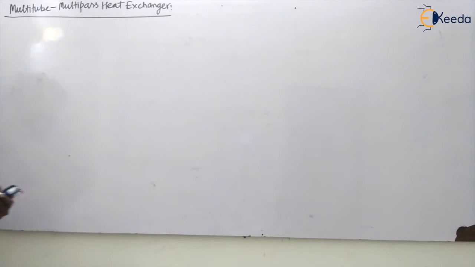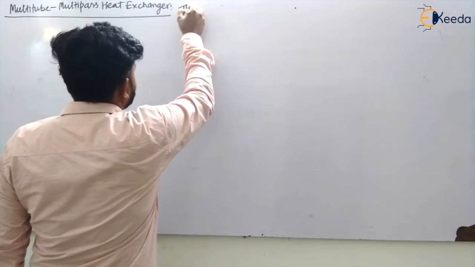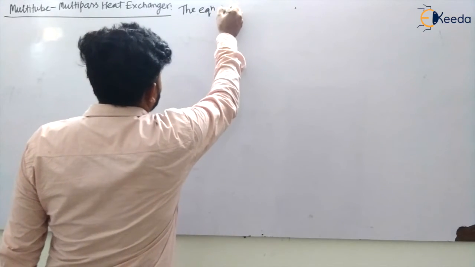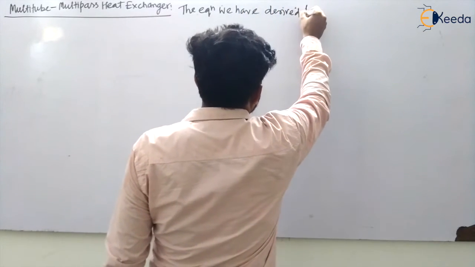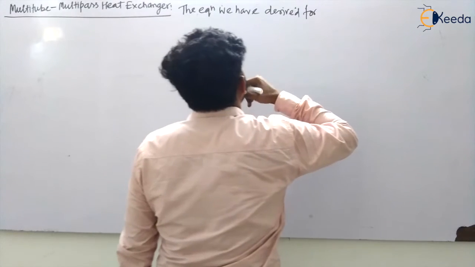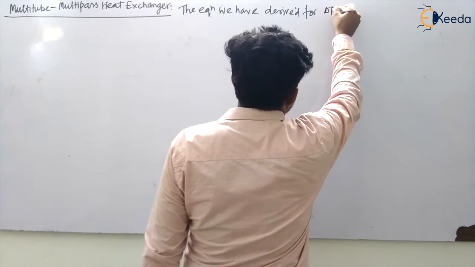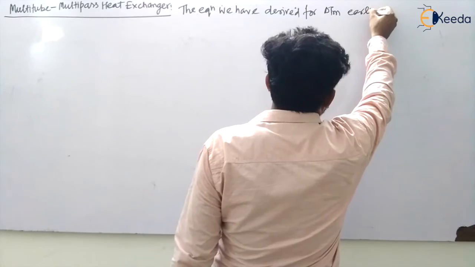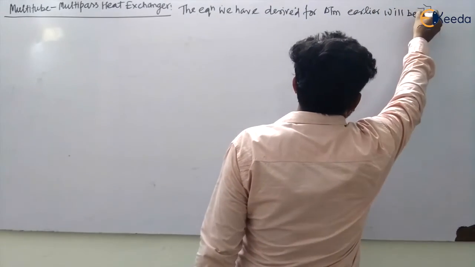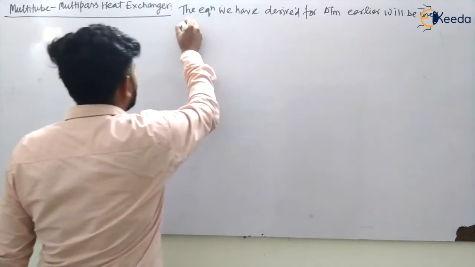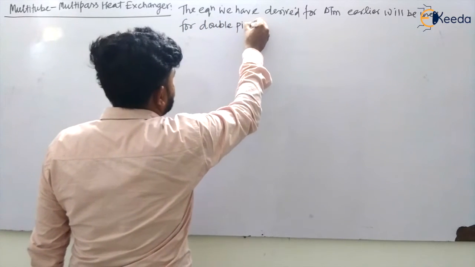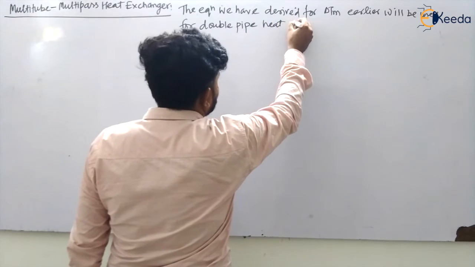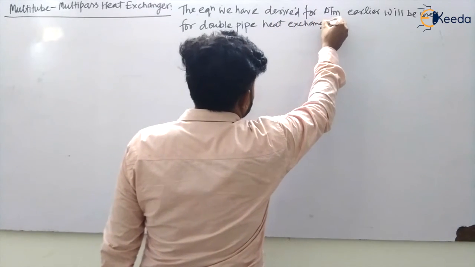So the equation which we have derived for delta Tm earlier will be used for double pipe heat exchangers, my dear students.